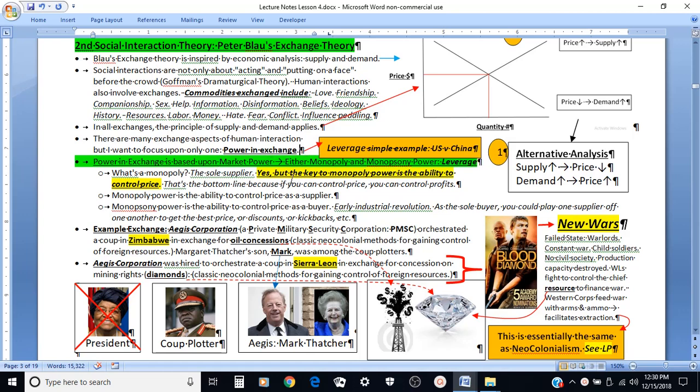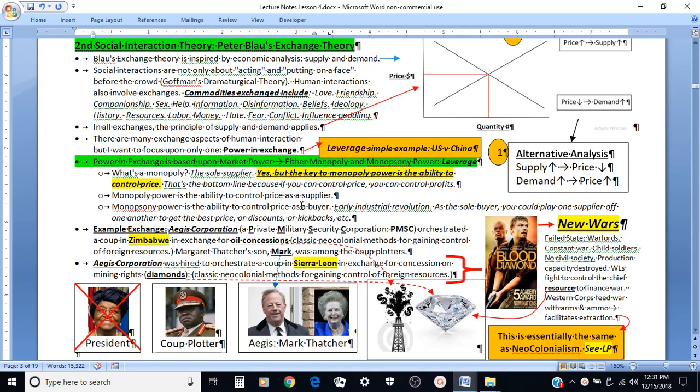So the formal economic definition of monopoly power is not sole supplier, it's the ability to control price. And you'll see as you go through these lessons on exchange theory that this is, in fact, the core of the issue. That's the bottom line, because if you can control price, you can control profits. Now, monopoly power is the ability to control price as a supplier. Monopsony power is the ability to control price as a buyer.